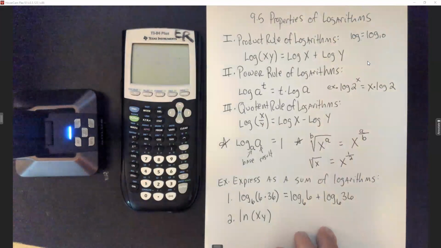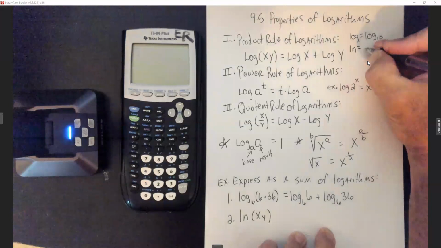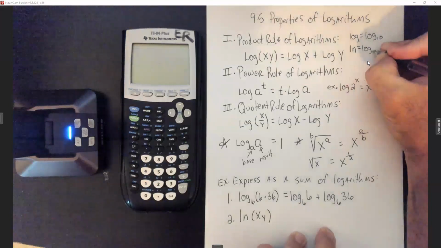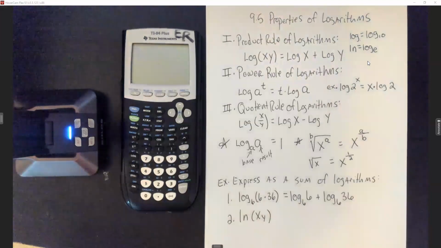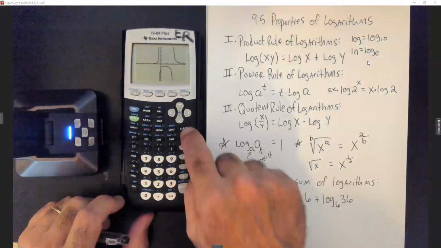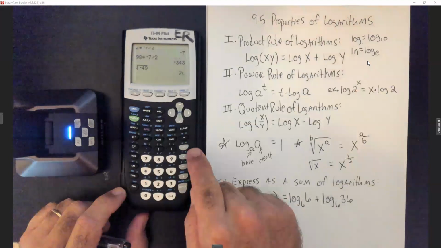LN is a special log. LN would be what we call a natural log, and it's a log base E. Now, E is just a number like pi. It goes on forever and ever. Actually, let's see. If you see by the division sign, there's a little E there.